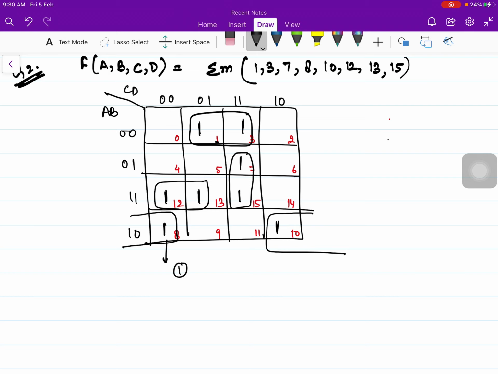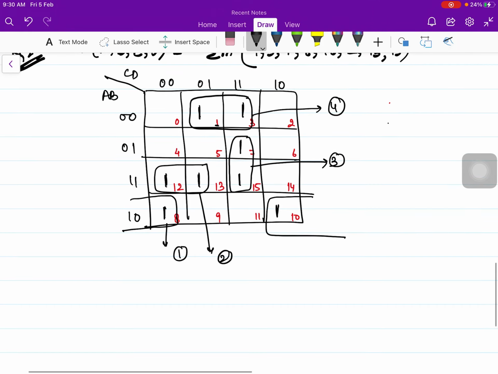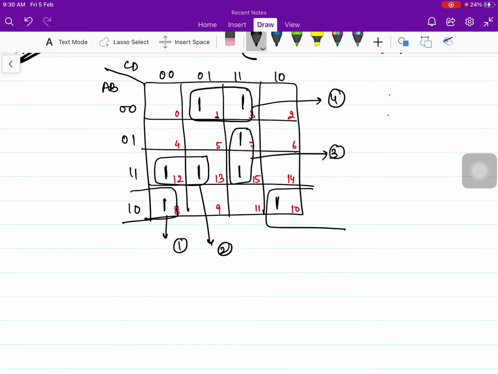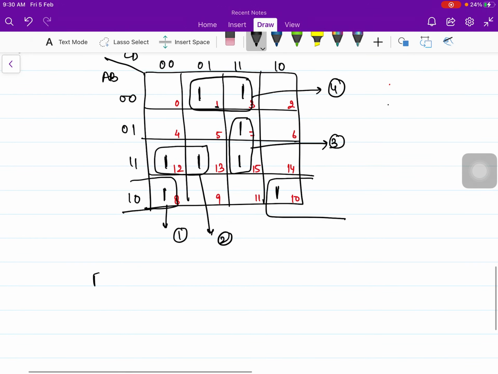Now this is the first group, this is the second group. Mark it because it is more convenient to mark them, because in exams we again and again forget, if we have a more number of groups, for which group we have already written the answer. So it's better to mark the groups. So the answer is F is equal to, for the first group it is A B bar, and if we look at the column side it is D bar.